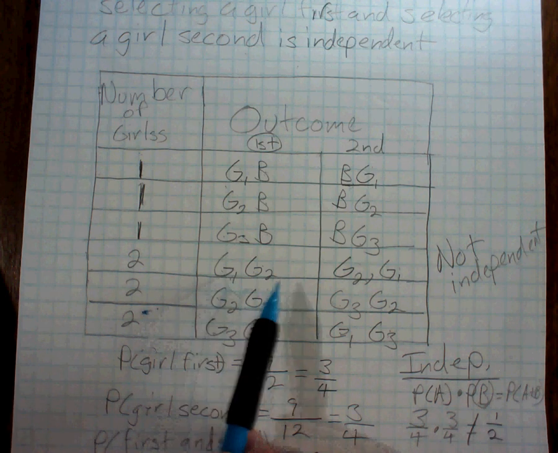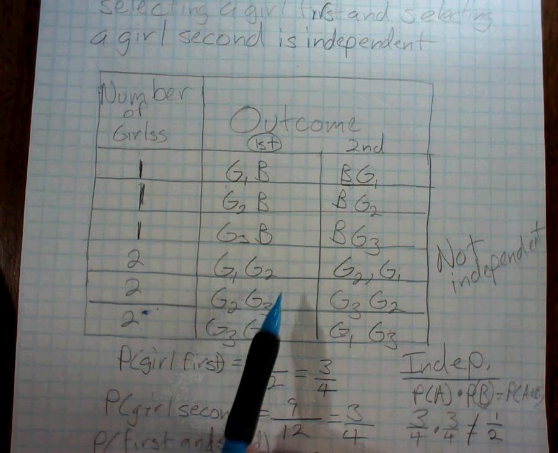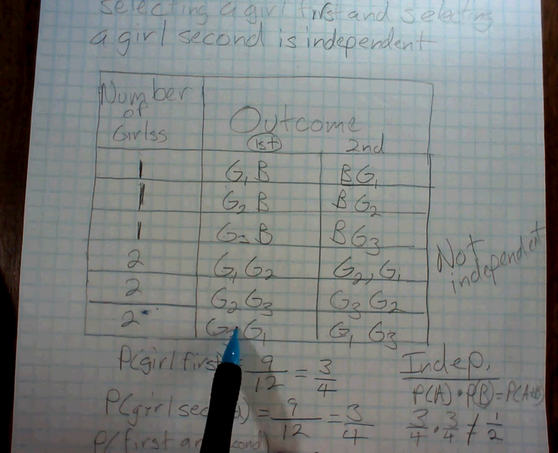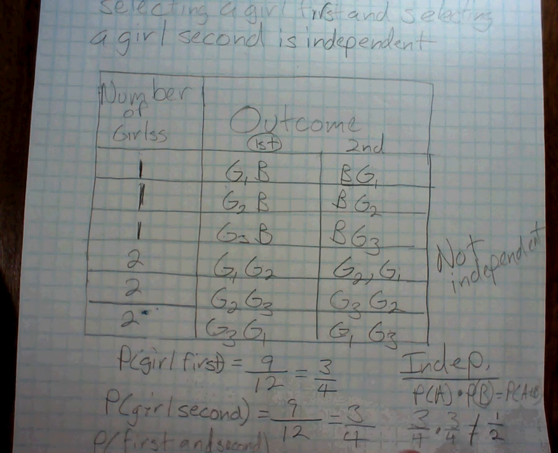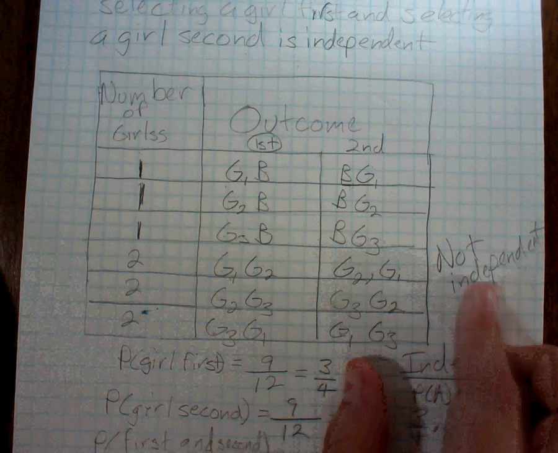I could pull girl 2 or I could pull girl 3. That's it. Those are the only 2 scenarios that I have. So who that second girl is depends on who the first girl is. And so when one depends on the other, we would call that a dependent event. And that means it would not be independent.